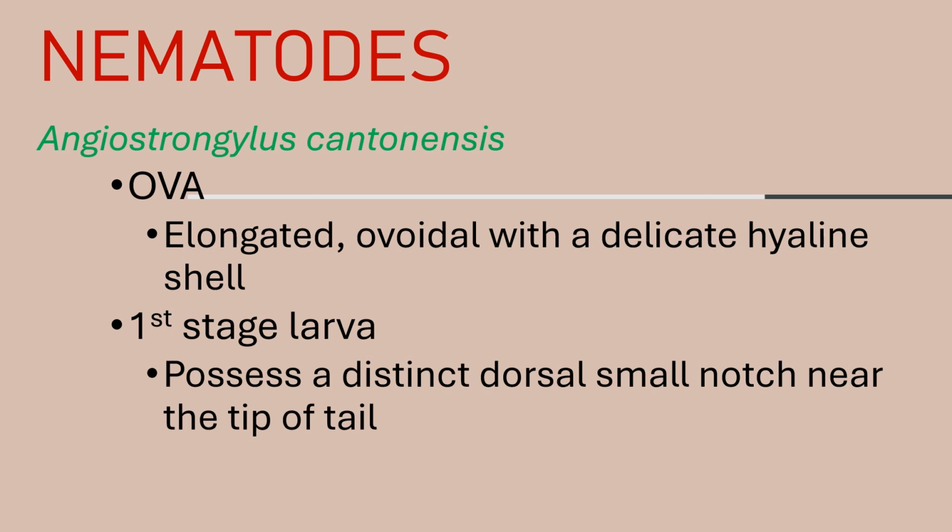Please note that the first stage larva is the one found in the lungs of the rat host or rodent host, and it possesses a distinct small knob near the tip of the tail.